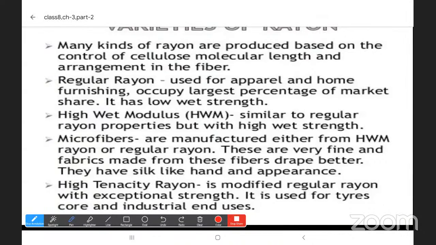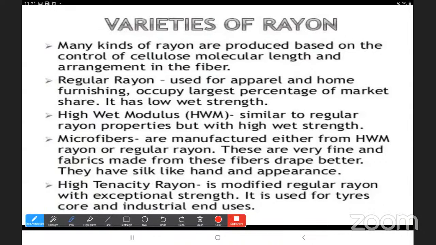Many kinds of rayon are produced based on the control of cellulose molecular length and arrangement in the fiber. Regular rayon, used for apparel and home furnishing, occupies the largest percentage of market share, and it has low wet strength.